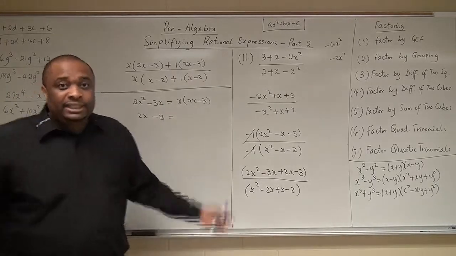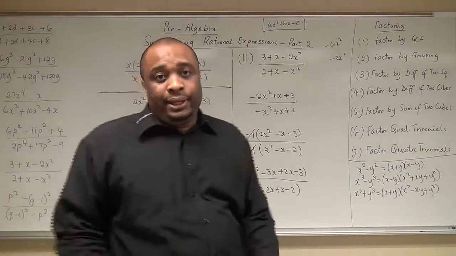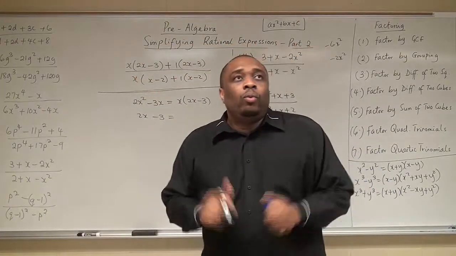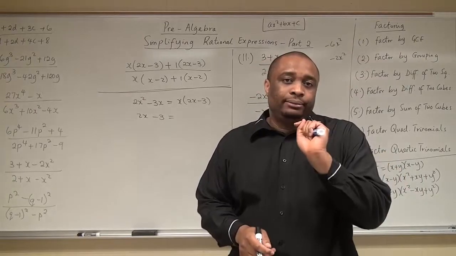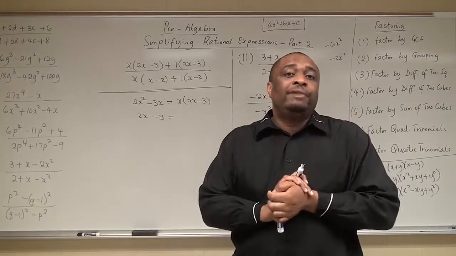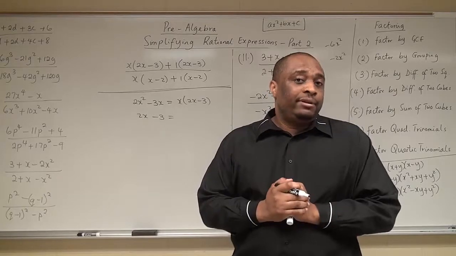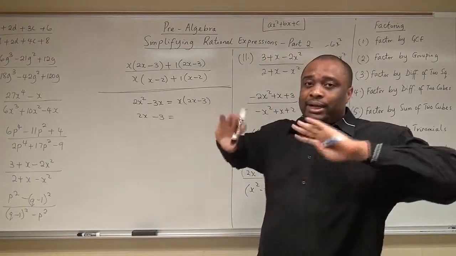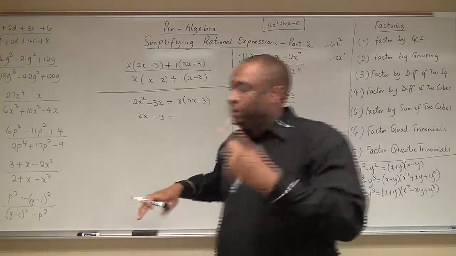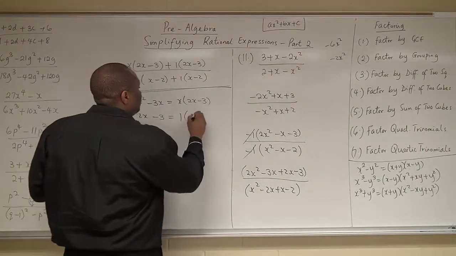Well, if you cannot factor by GCF, what is a factor of everything? 1. So if you don't see any common factor, the common factor is 1. Don't leave your stuff like this and get confused. Put 1. So this is 1(2x - 3).